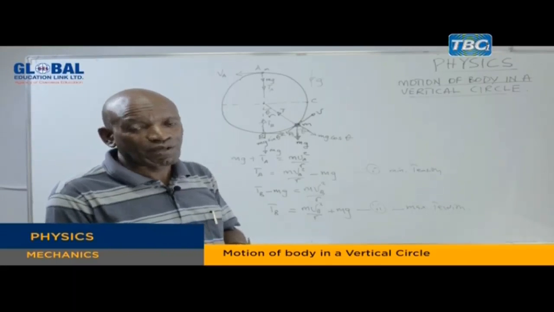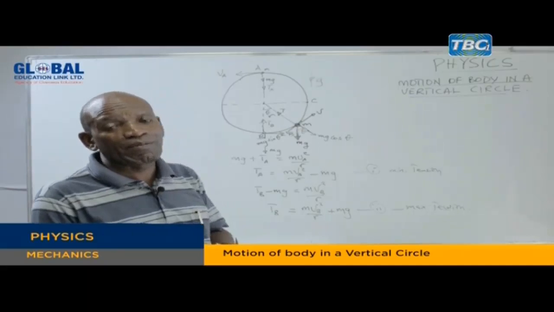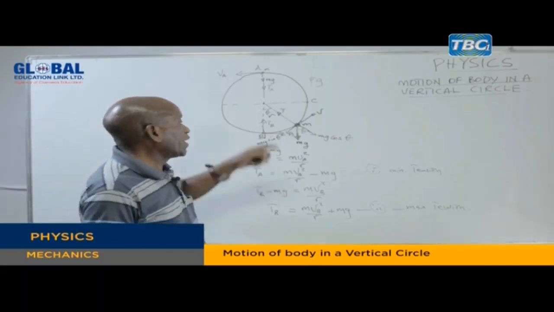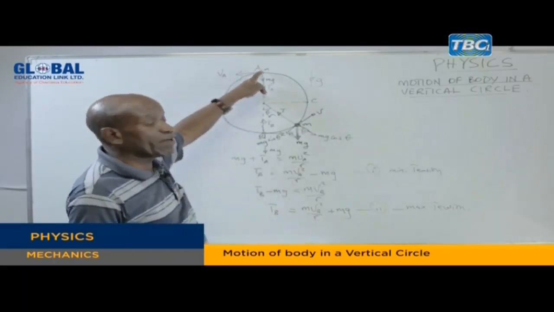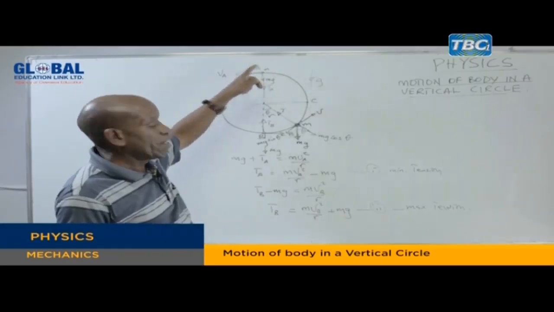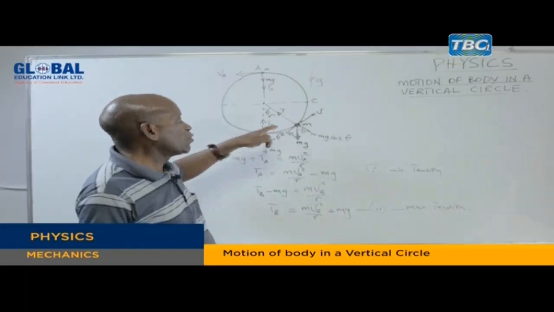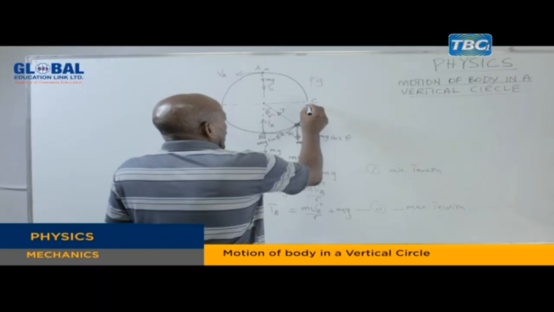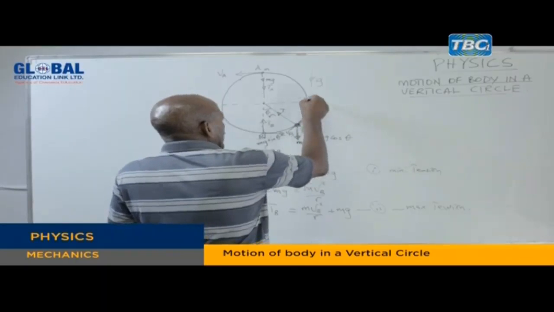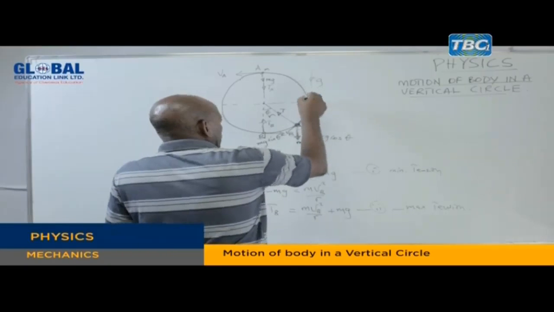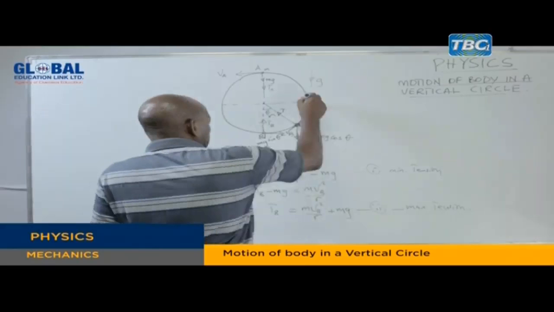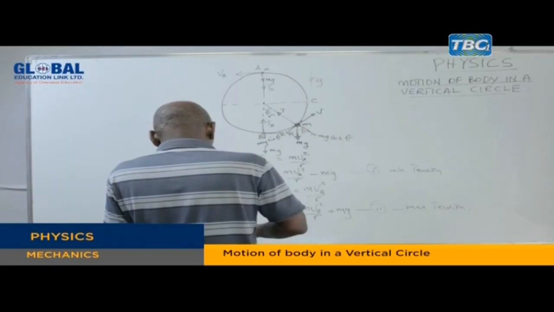We will do some very simple derivations so that you can understand an expression for the velocity whenever a body is passing at the top, at the bottom, or at point C, moving vertically upward.